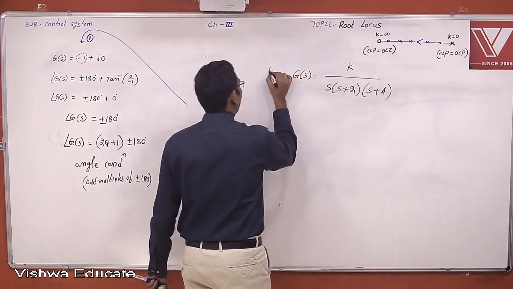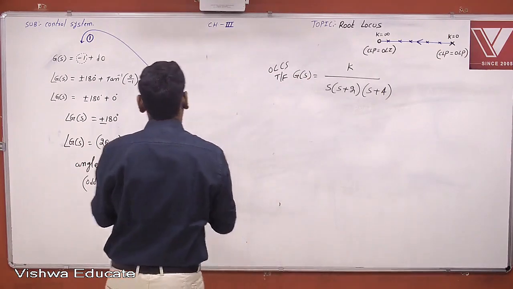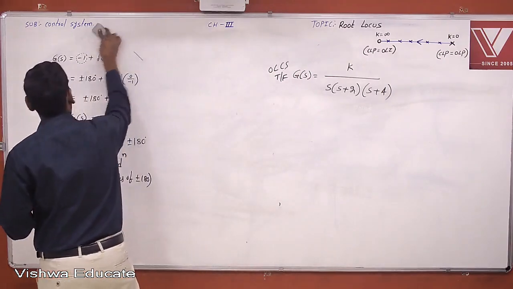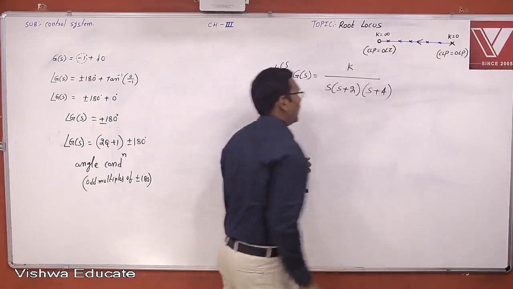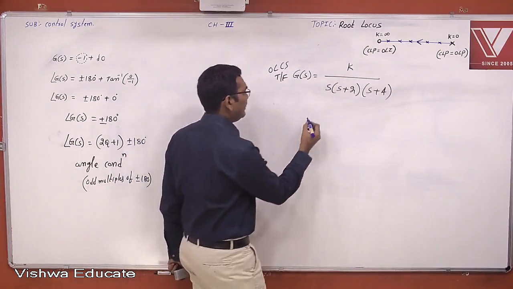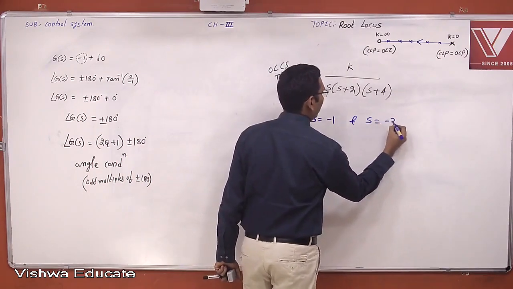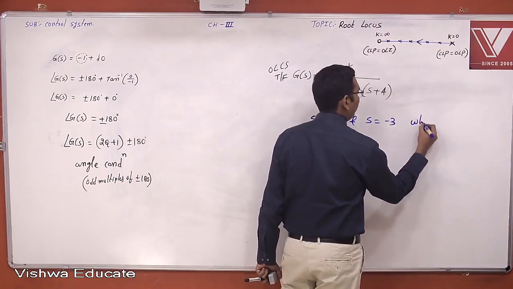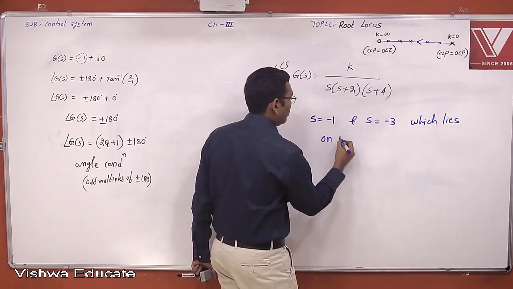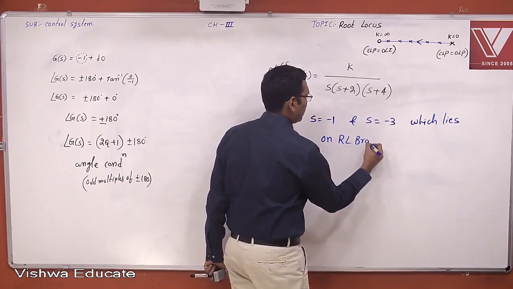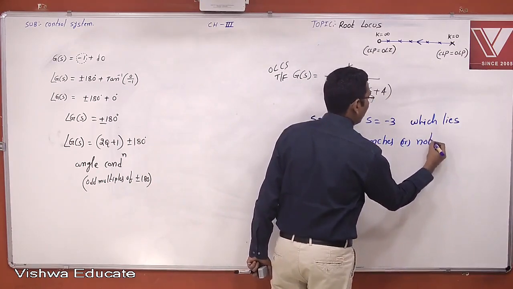This is the open loop control system transfer function which is given to you, and he is asking: identify whether s equal to -1 and s equal to -3 are points which lie on the root locus branches or not.